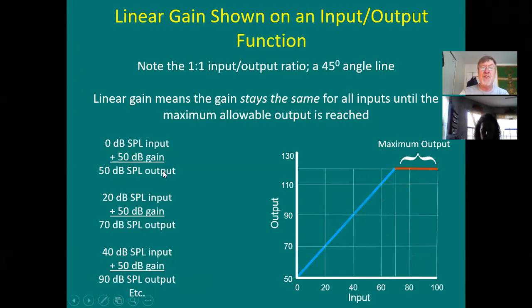So read what it says on the left. 0 dB SPL input plus 50 dB gain, 50 dB SPL output. 20 in, 50 dB of gain, 70 output. 40 in, 50 dB of gain, 90 dB output, and so on, and so on. What frequency do input-output graphs represent? 2000 hertz. Okay, remember that from previous courses or earlier on in this course.